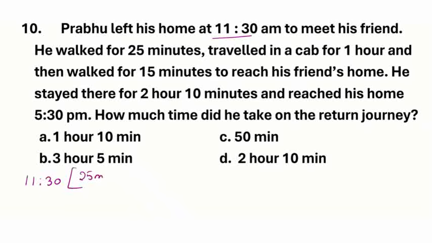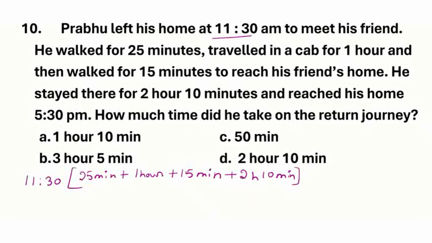Then add this with the time he took in the cab. He traveled for 1 hour, again walked for 15 minutes, and he stayed there for 2 hours 10 minutes. And finally he reached home at 5:30 p.m.